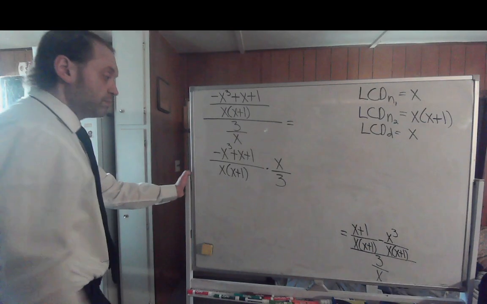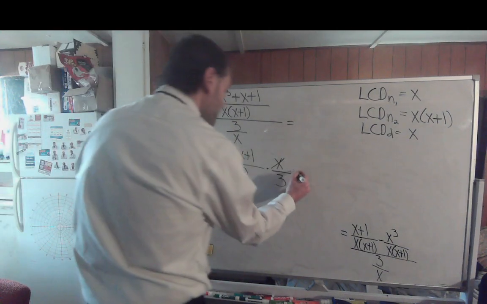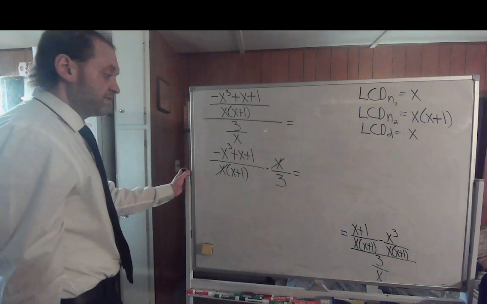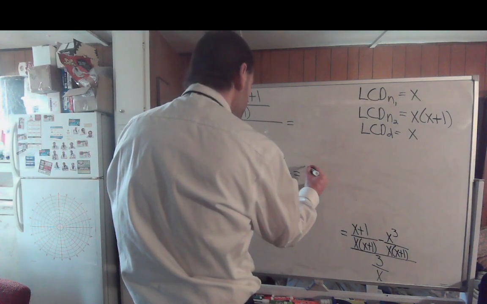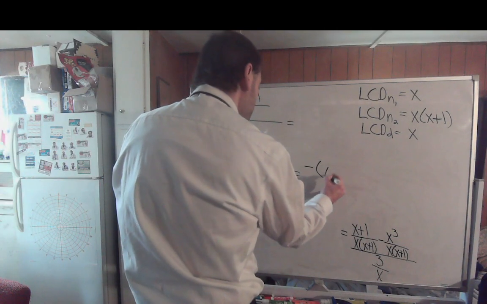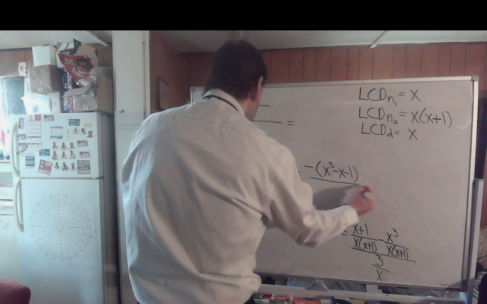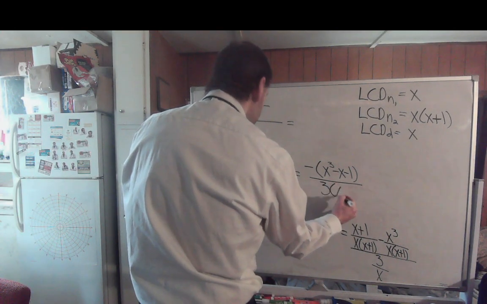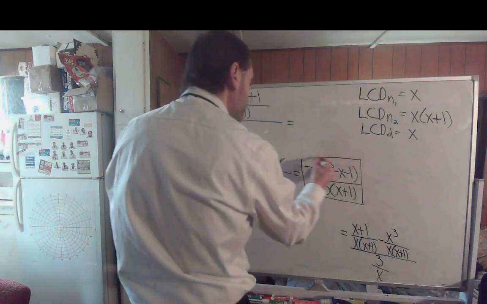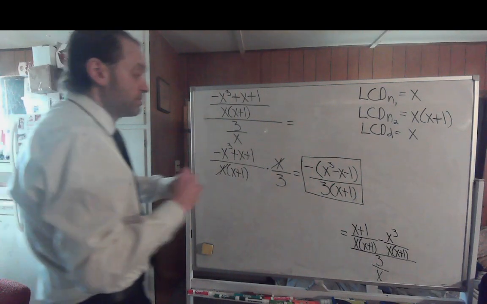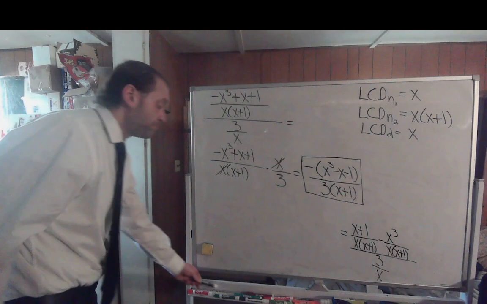Well, right away we notice that the x's will cancel out between numerator and denominator, and you could supposedly factor out a -1 from the numerator, so this would end up giving you the negative of x to the third minus x minus 1 all over 3 times x plus 1. And that would be the best we could do. You get negative of x to the third minus x minus 1 over 3 times x plus 1.